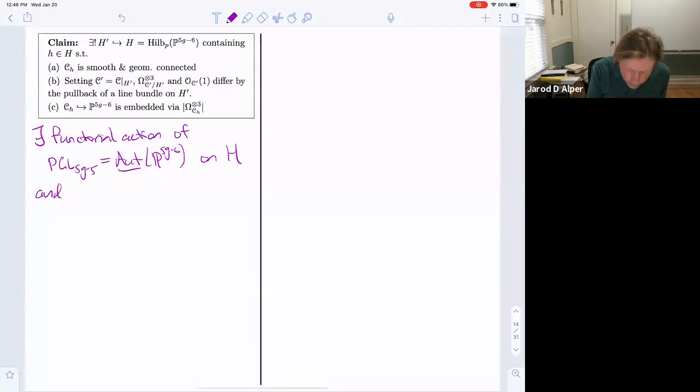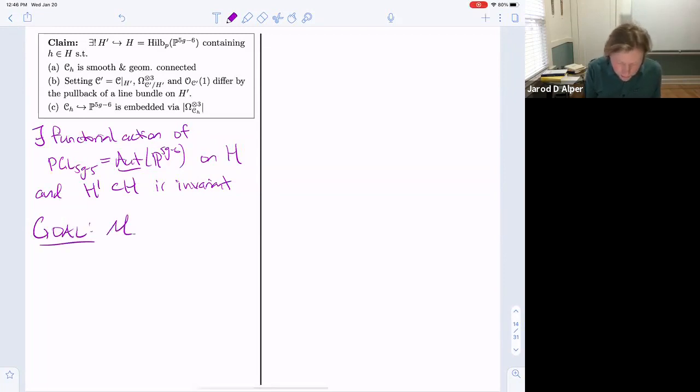And H prime in H is invariant. And our goal is to show that MG is isomorphic to H prime mod this group.